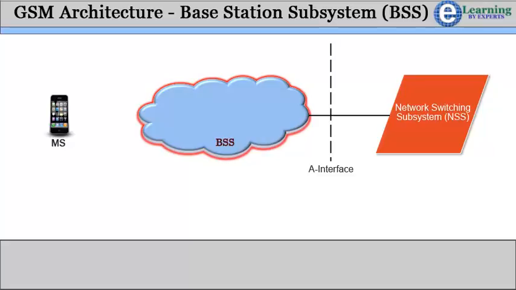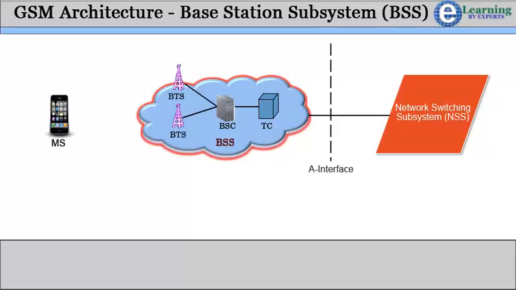Typically, one MSC contains several BSSs. The BSS consists of the following elements: Base Station Controller or BSC, Base Transceiver Station or BTS, Transcoder or TC.